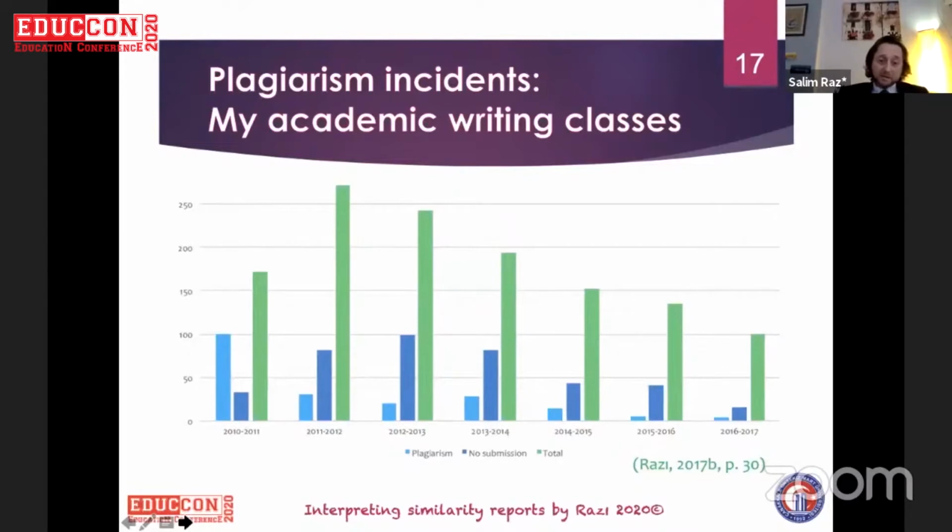Did it help? As you see in the figure here, the ones that you see in light blue are indicating the incidence of plagiarism. 1 year ago in 2010, it was 100, and then it reduced to 30s.